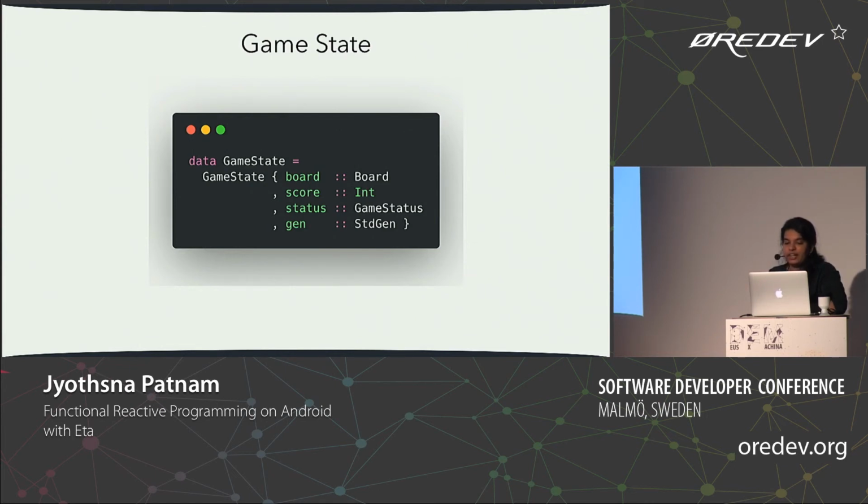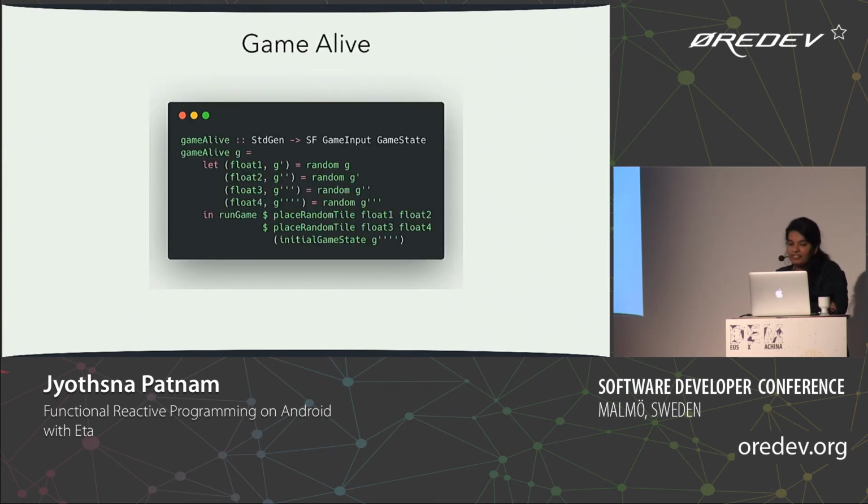Now, this is the game state itself. The game state data type has 4 fields. It can take board, score, status, and gen. Gen has a type std_gen, which is defined in the random library, which can help you give any randomness.